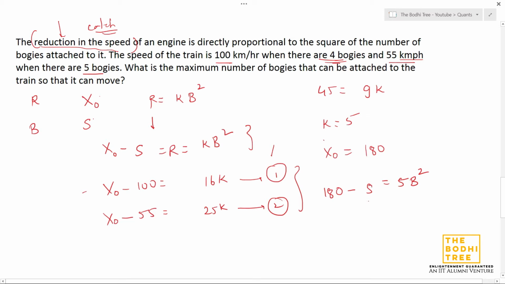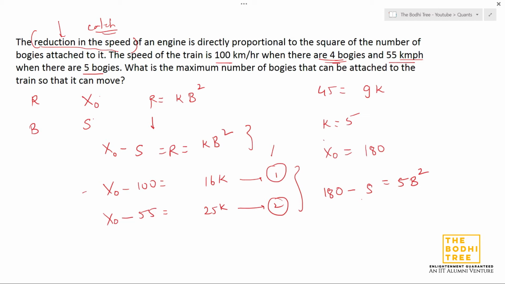So what is the maximum number of bogies that can be attached to the train so that it can move? It should just move. We can say that the engine is moving even when the speed at which that engine is moving is 1 kilometer per hour, or 0.1, or 0.001, or 0.00001.